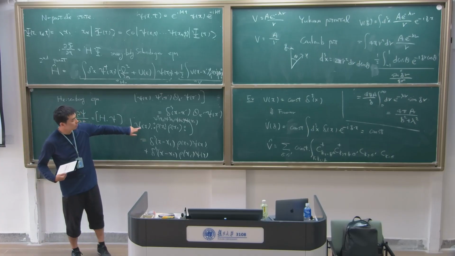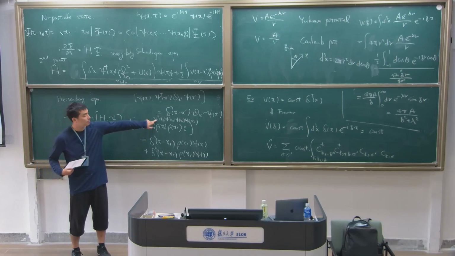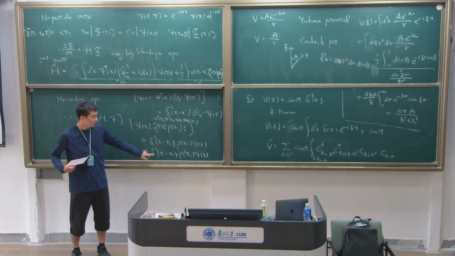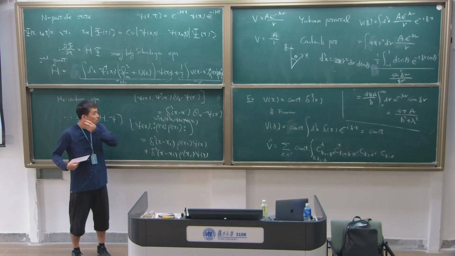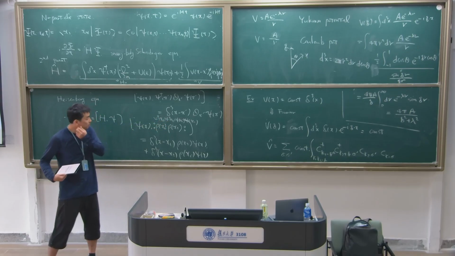The first term is the commutation relation of psi of x and psi dagger of x1. The second is coming from psi of x with psi dagger of x2.